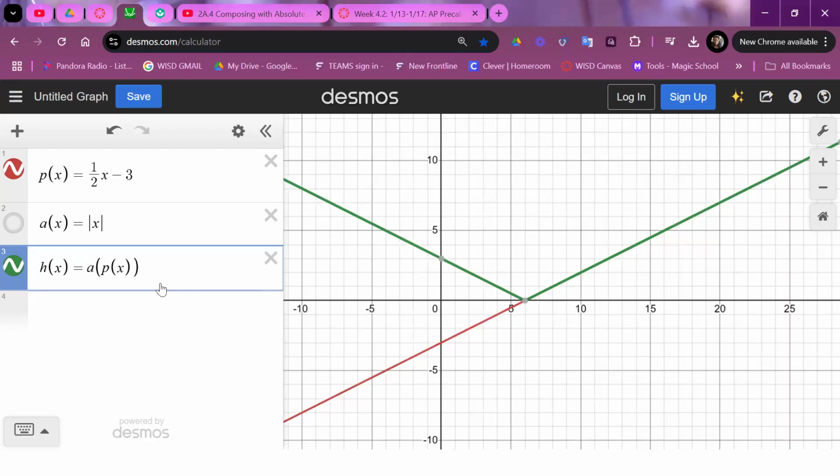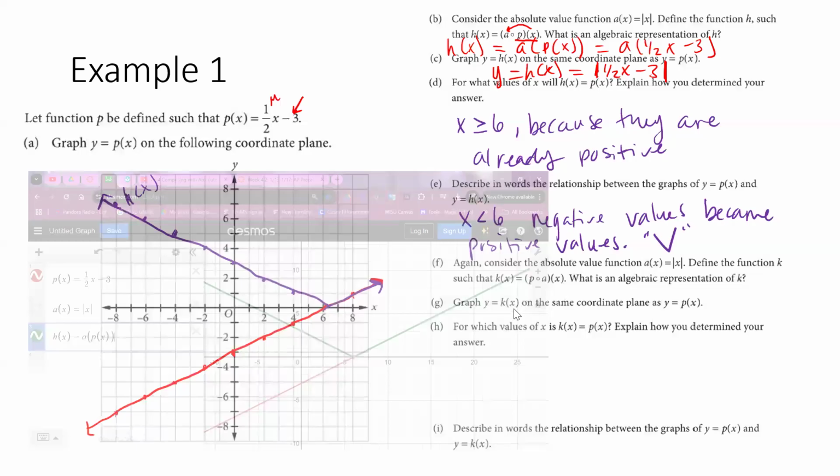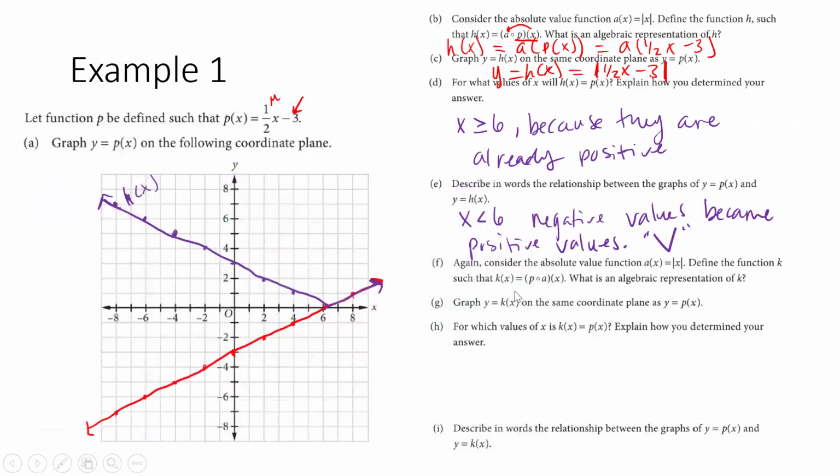It's pretty cool. So we're going to do the second one, where we're going to graph K of x, which is p composed of a of x. So K of x equals p composed of a of x, which means that we're taking the absolute value function and we're plugging it in for every x value.